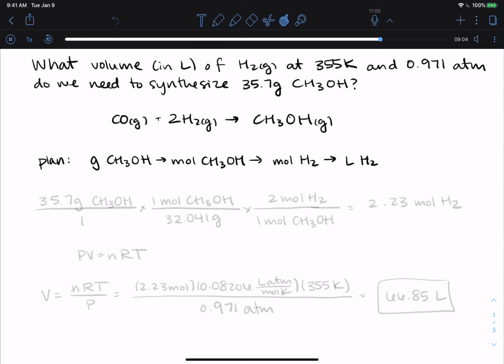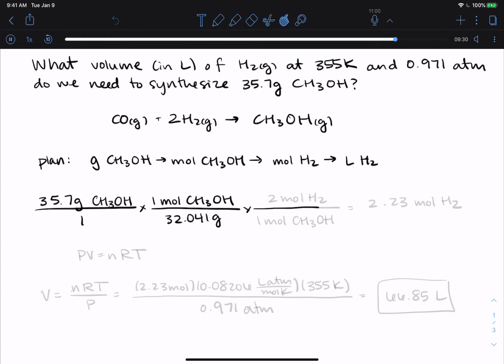So if I set this up, 35.7 grams of CH3OH, use the periodic table to calculate my molar mass, and 1 mole of CH3OH is equal to 32.041 grams.